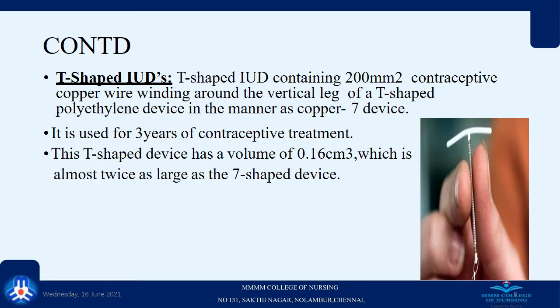There it looks like a 7 shape; here it looks like a T shape. It is also used for 3 years of contraceptive treatment. The T-shaped device has a volume of 0.16 centimeter cube, which is almost twice as large as the 7-shaped device. So this T-shaped intrauterine device is larger than the 7-shaped intrauterine device.